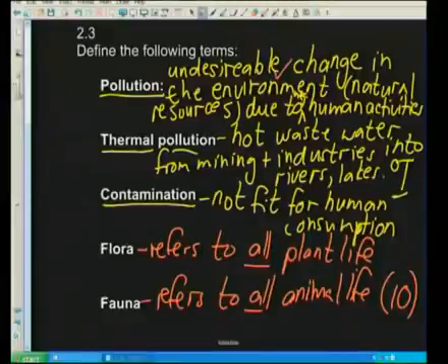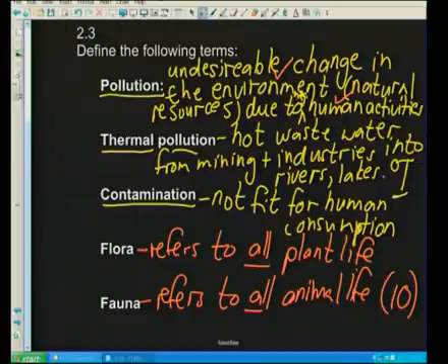Look at your definition. Mark it for yourself. Think, okay, what are they going to give marks for? Undesirable change in the environment. Yes, I'll get a mark for that. Due to what? Due to human activities. There are your 2 marks. I think also it's very important to go back to your question, to see, did I answer the question correctly? Will I get marks for it? Okay, thermal pollution, same thing.